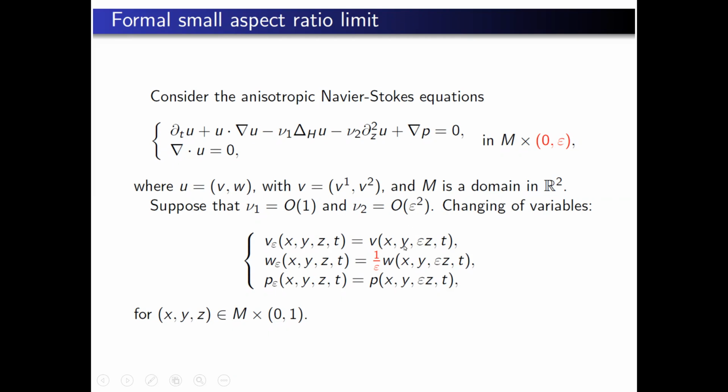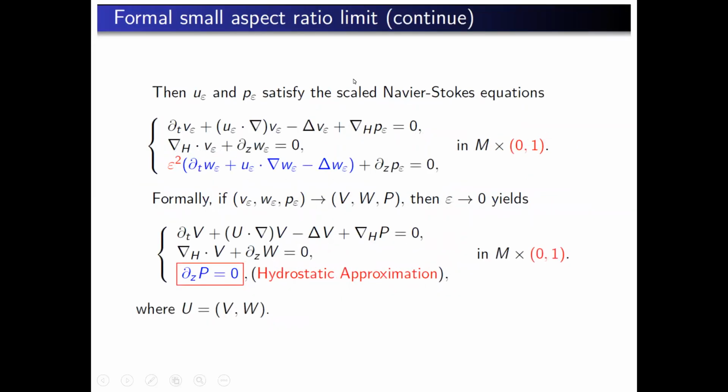Now I look at the rescaled Navier-Stokes equation. The scaled Navier-Stokes equation is exactly the original equations, but now taking epsilon into account using the scales that I introduced, and now it is in the domain M times (0, 1). Namely, now the domain is no longer thin, it is of order 1. And now I would like to investigate this problem in this interval.